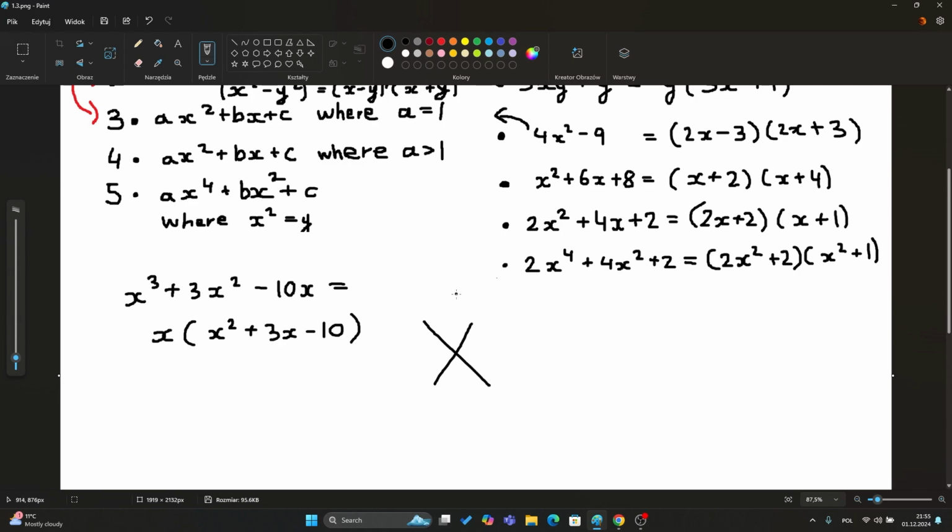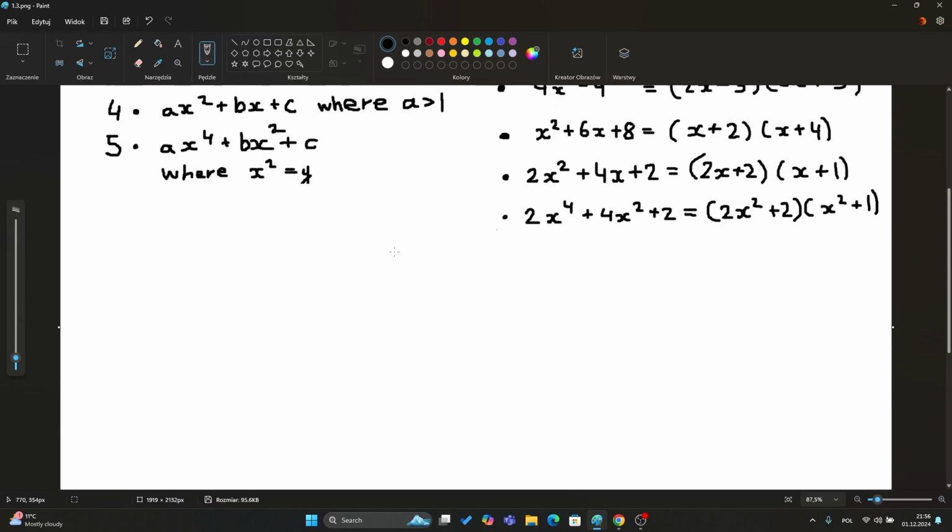So 3, minus 10. We write out those ones and we find out that this is 5 and minus 2, because 5 times minus 2 is minus 10, and 5 plus minus 2 is going to be 3. So this is factorized to x, x plus 5, and x minus 2.